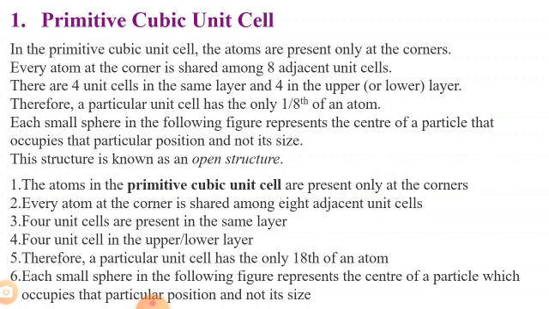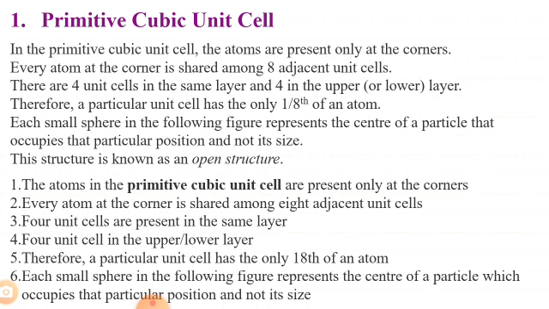So there are 8 corners, so 1/8 of an atom is there. Every atom at the corner is shared among 8 adjacent unit cells. So 4 unit cells are present in the same layer and 4 unit cells in the upper and lower layers. Therefore, a particular unit cell has only 1/8th of an atom.